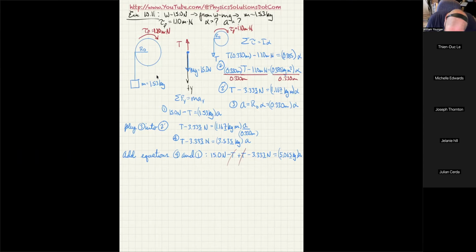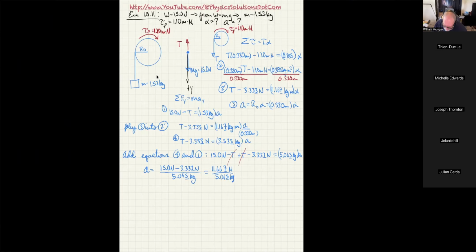So I can now see that the minus T cancels out with the plus T, and I can see that A is going to be equal to 15.0 newtons minus 3.333 newtons divided by 5.065 kilograms, and 15 minus 3.333 gives me 11.667 newtons divided by 5.065 kilograms.